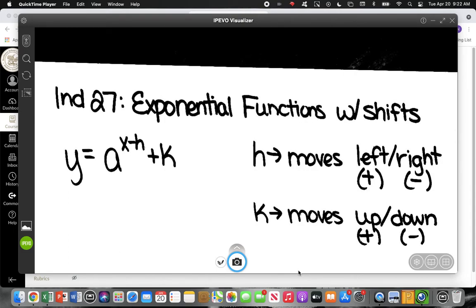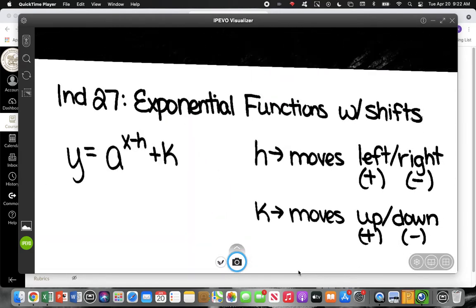So in graphing, we always have something that we call the parent function. The parent function just means it's the most simple function that you can have. And then all of these shifts are things that are added or subtracted or multiplied. In Algebra 2, we actually add a coefficient in front as well and make it expand or shrink.